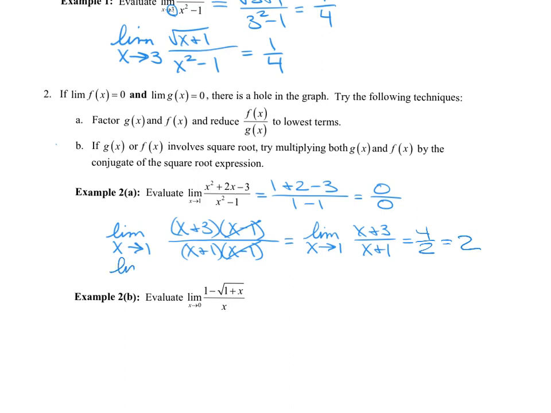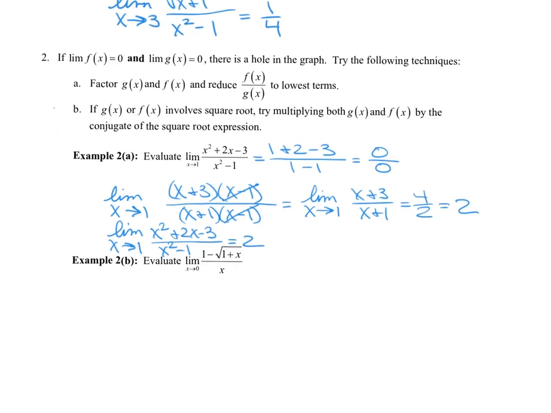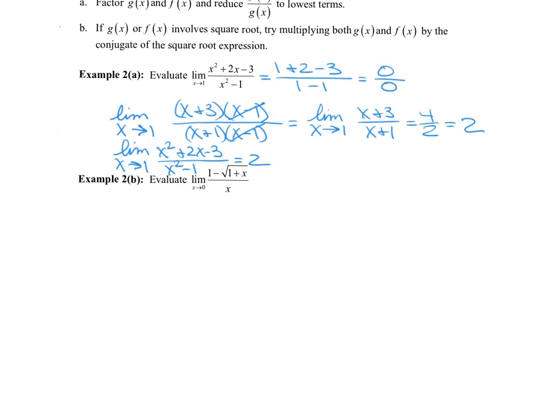So the limit as x approaches 1 of x squared plus 2x minus 3 over x squared minus 1 equals 2.